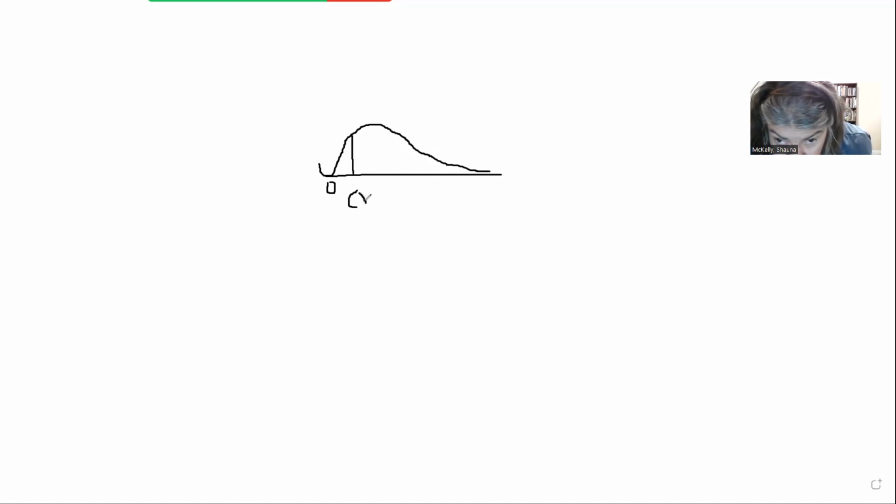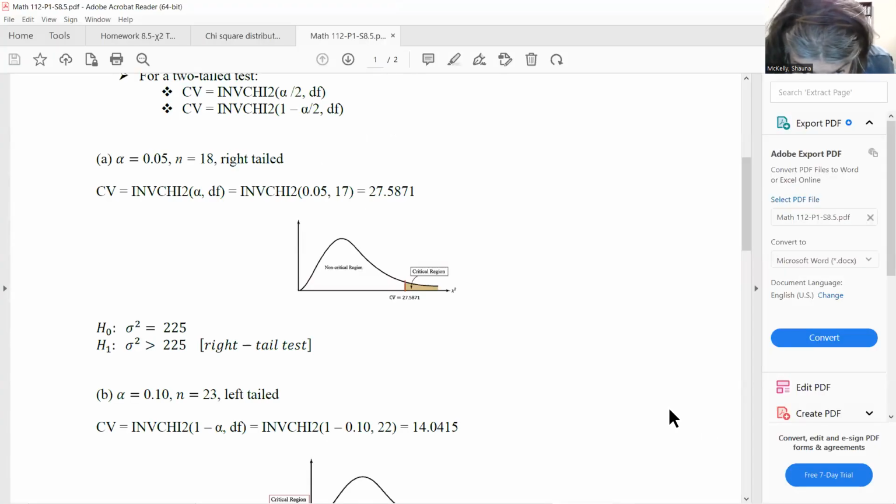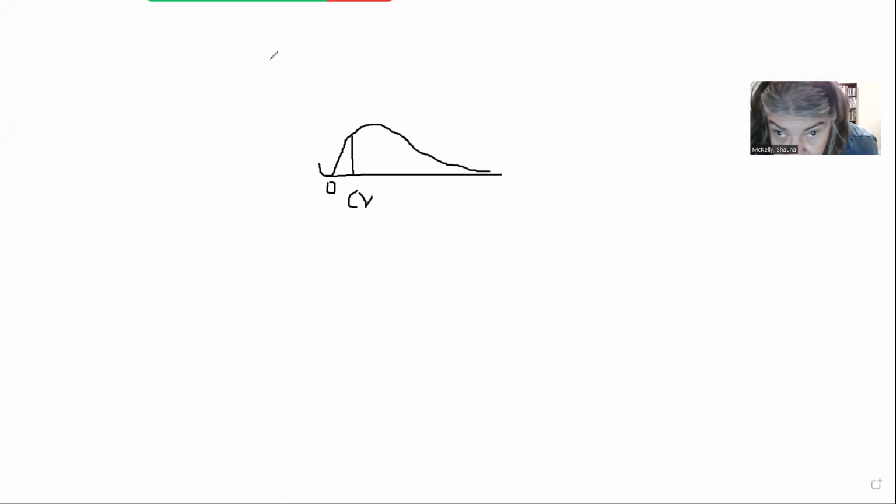Now, again, we're given here that alpha is 0.10 and n is 23. So we have this. Alpha is 0.10, n is 23, and it's left tail.